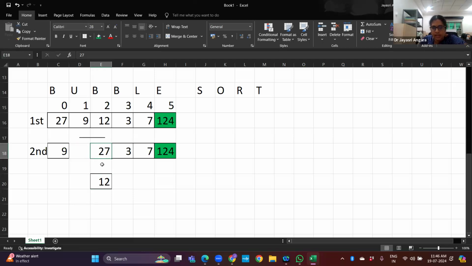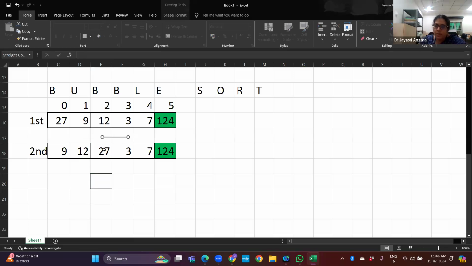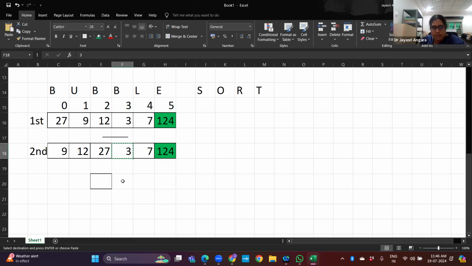If you observe the way that we are doing the internal working, you can easily write the code as well for swapping. So now 27 is compared with 3. 27 is larger than 3, so swapping is going to happen. 27 occupies the position of 3 and 3 is going to occupy the position of 27.